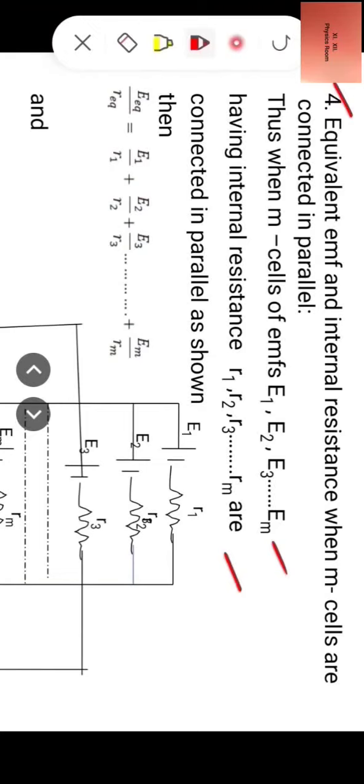So we have followed the expression of equivalent EMF and equivalent internal resistance of parallel combination of two cells.